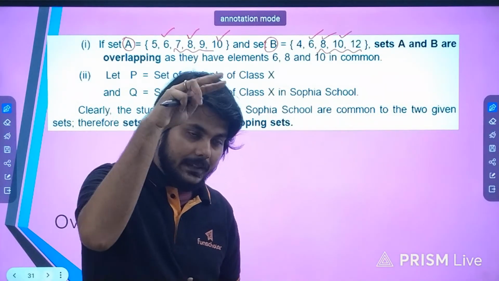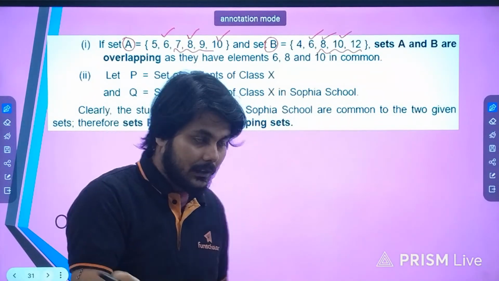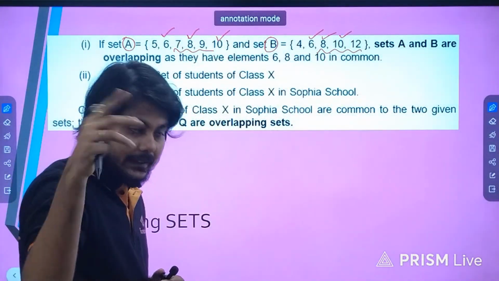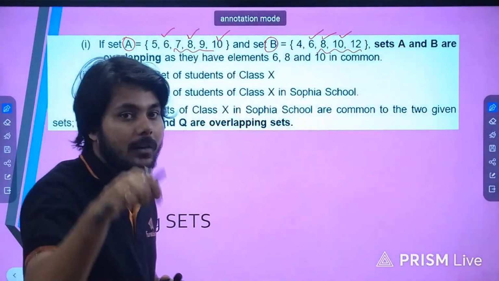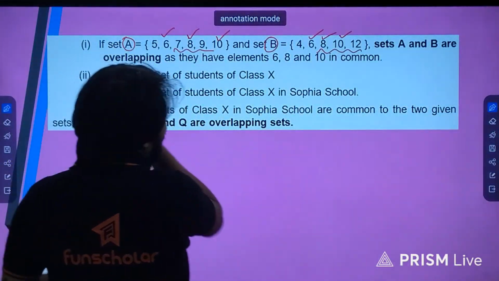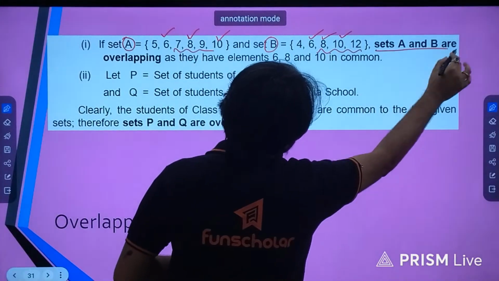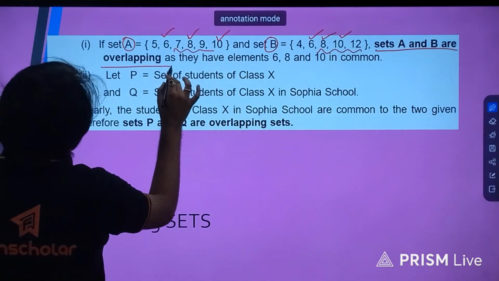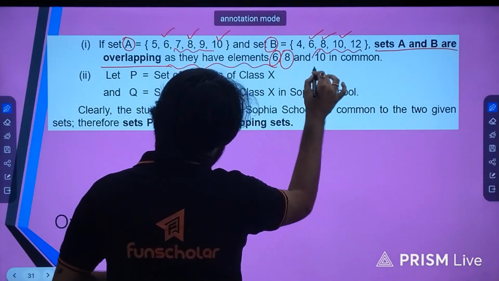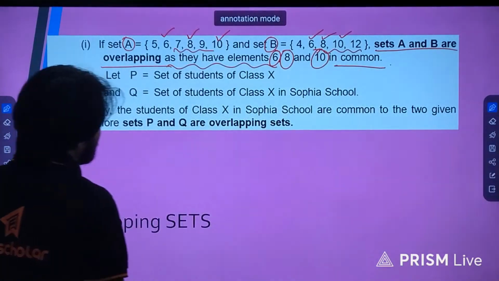In both the sets, 6, 8 and 10 are common. So these elements are overlapping. Yes or no? These elements are getting overlapped in the two sets. That means we can obviously say that sets A and B are overlapping. Why? As they have elements 6, 8 and 10 in common.